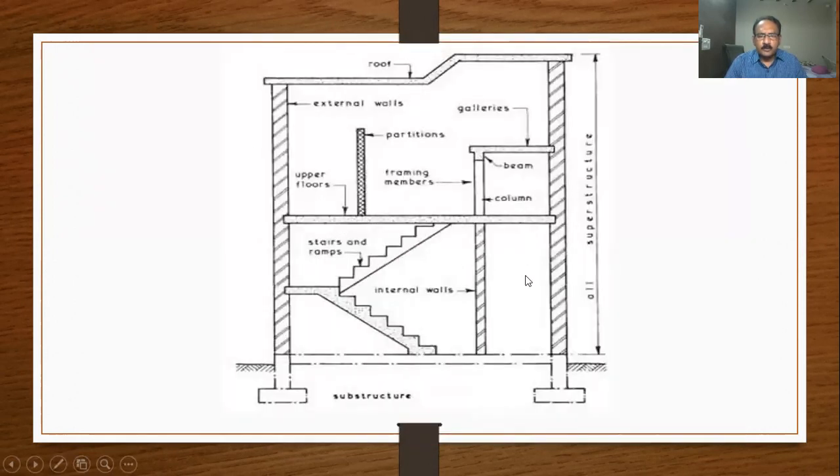Observe clearly: below the ground level is substructure, above is superstructure. You will find this is under foundation, substructure, and above are your columns, staircase, slabs, beams, and roof. This is superstructure. This is one of the important points in your subject. What is superstructure? What is substructure?